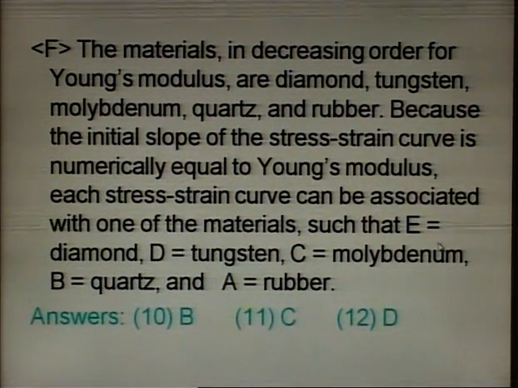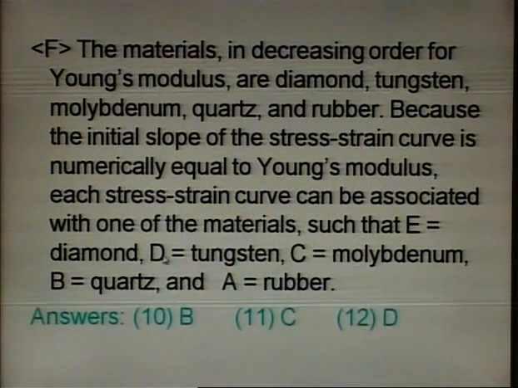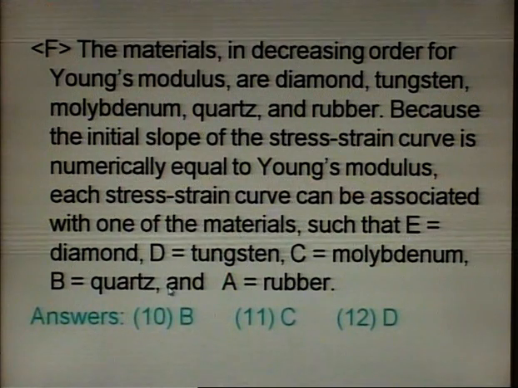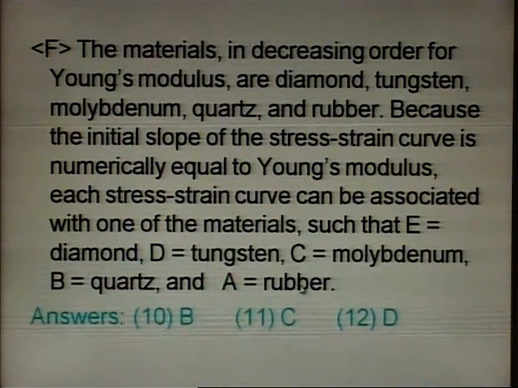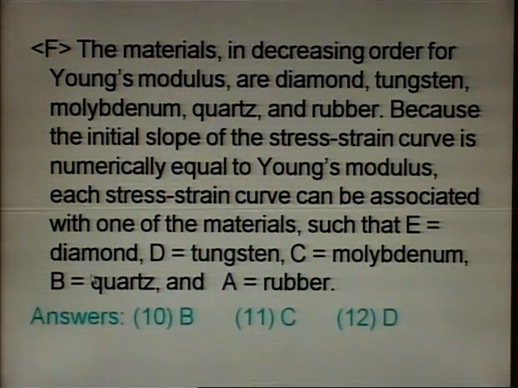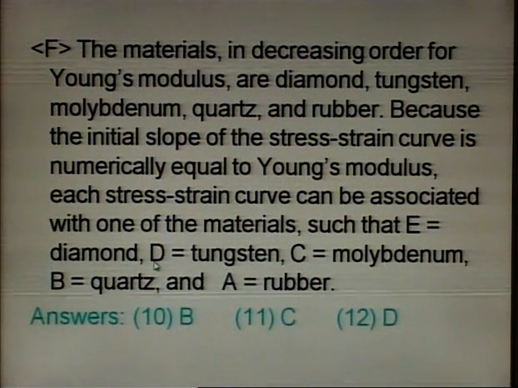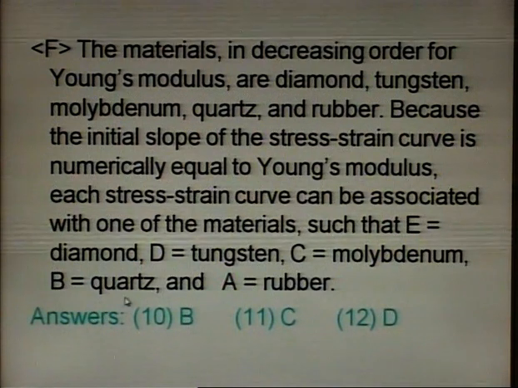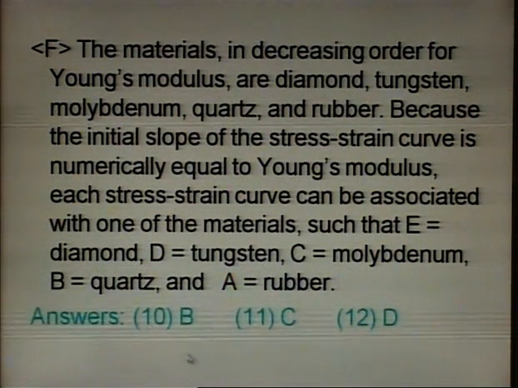So such that E is diamond, D is tungsten, C is molybdenum, B is quartz and A is rubber. So the E curve represents diamond, D represents tungsten, C represents molybdenum, B quartz and A rubber.